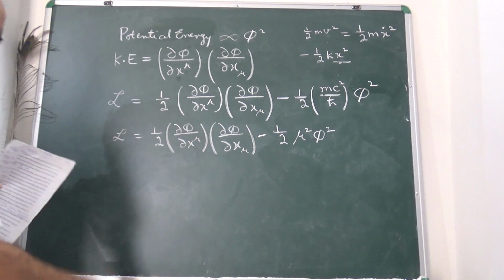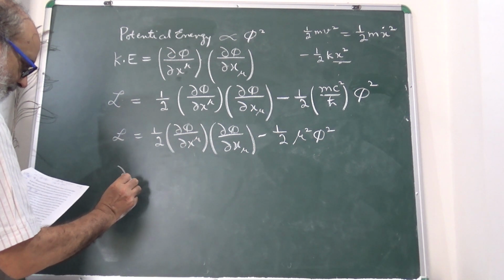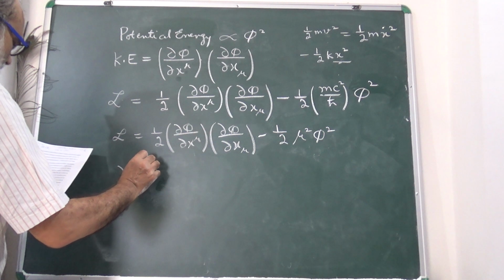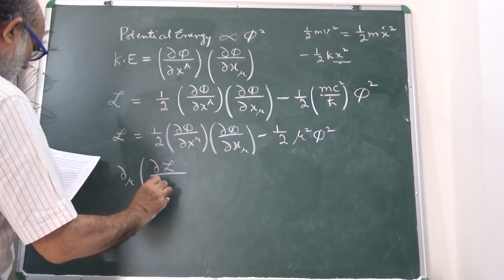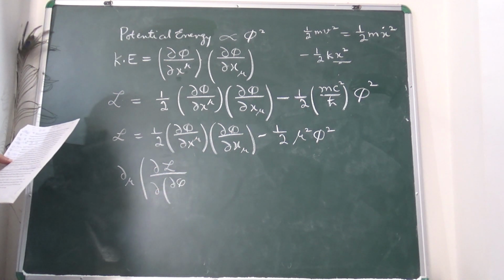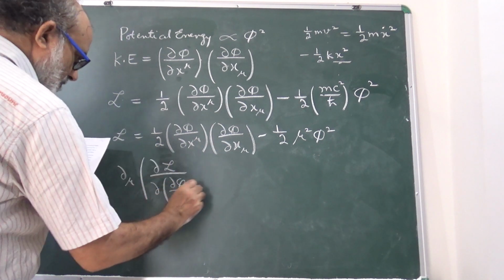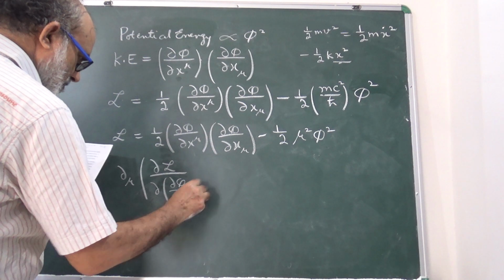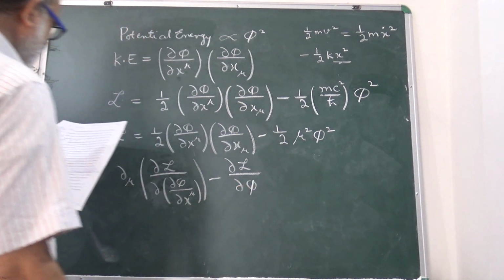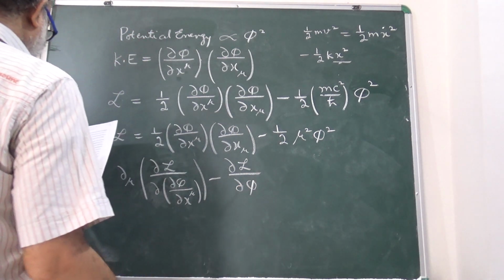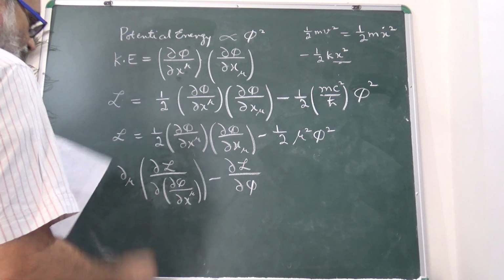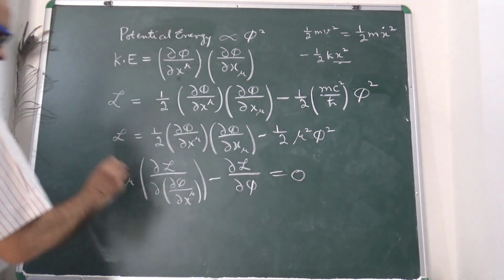So we have the Lagrange equation of motion, del by del x mu of del L by del, minus, so this is our Euler-Lagrange equation.